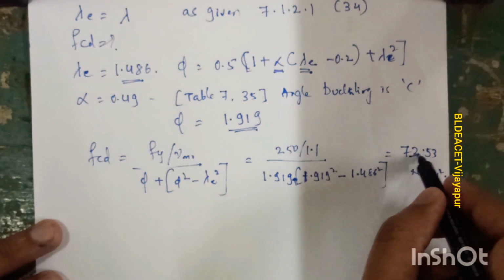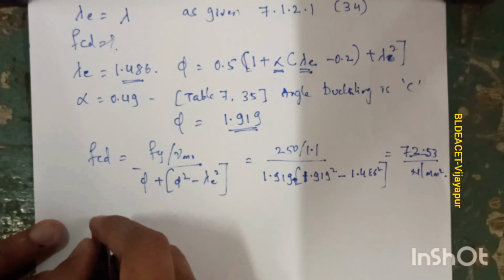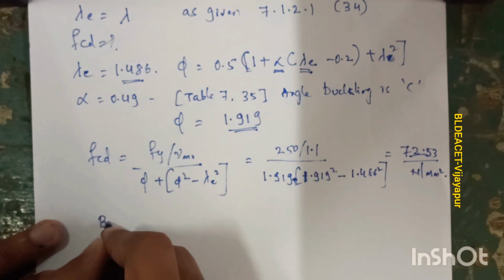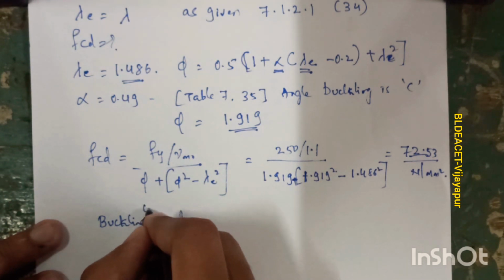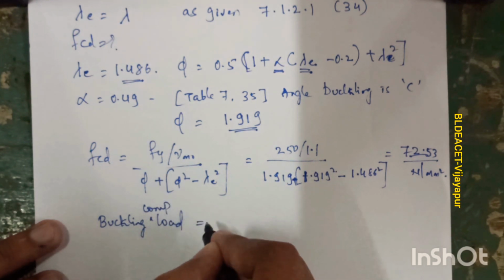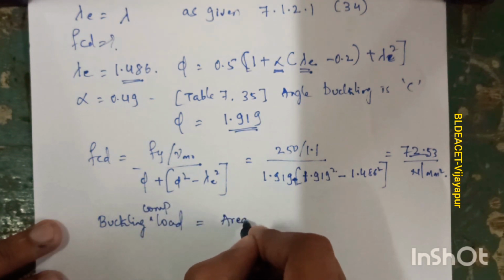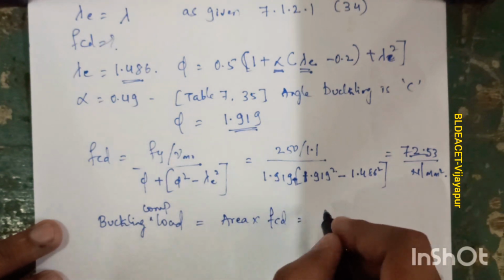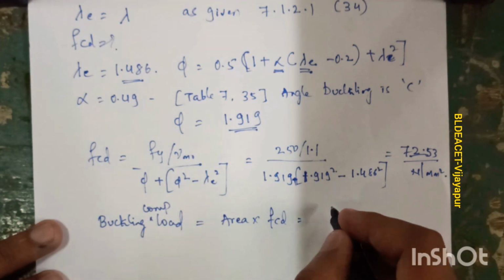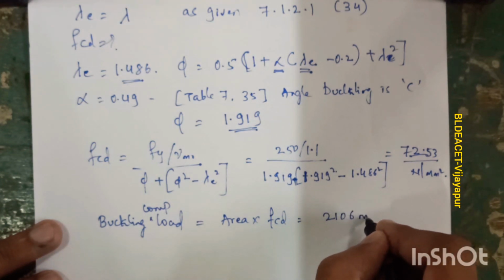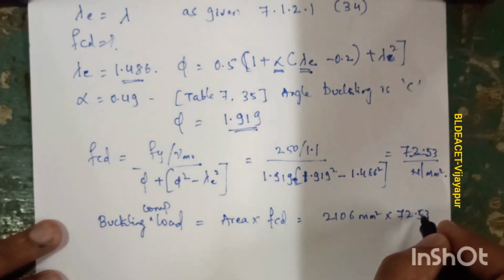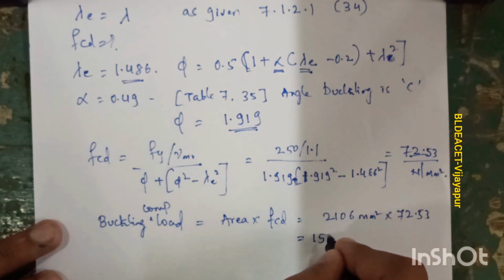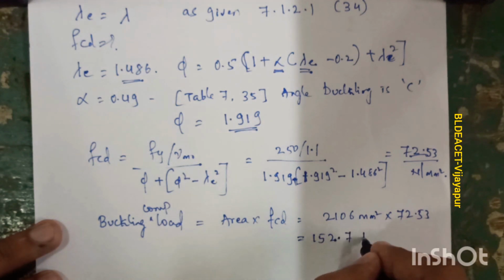Once we know FCD, we'll calculate the buckling compressive load of the angle adopted, that is area into FCD. The area we have noted down is 2106 square mm into FCD 72.53 Newton per square mm, which we will be getting as 152.7 kilo Newton, which is greater than 99.